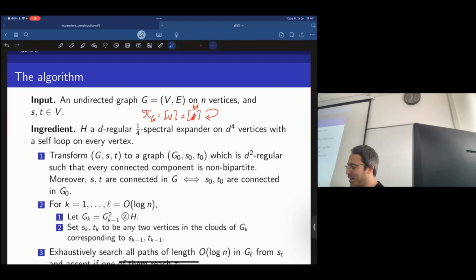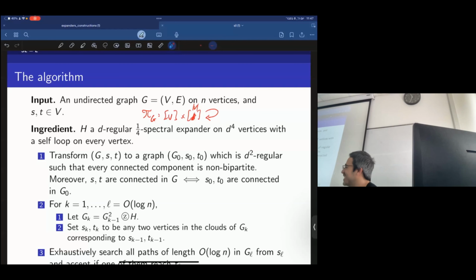It's going to be d-regular. This is a parameter that I'm introducing. D is some constant. I need it to be some spectral expander, so 1/4 is nice, a spectral expander on D to the 4 vertices, and for an annoying reason, I needed to have one self loop on every vertex. I don't want it to be bipartite. That's the way to do it.